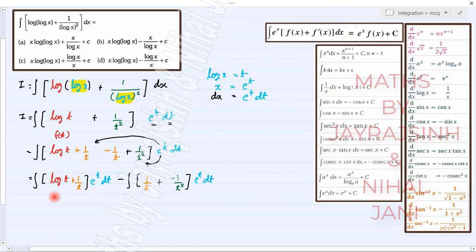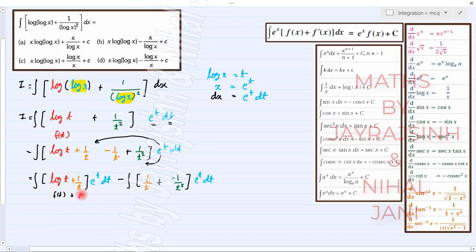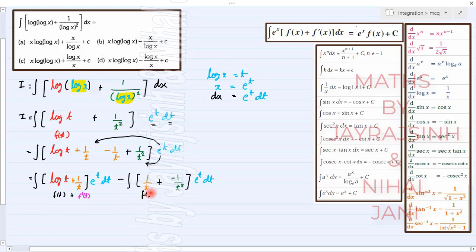So here, as you can see, we have f of t plus its differentiation. And again, in the second term, also we have f of t and its differentiation.